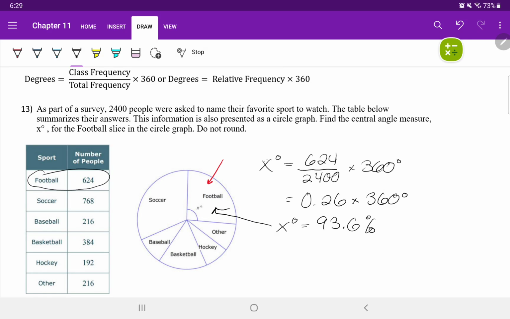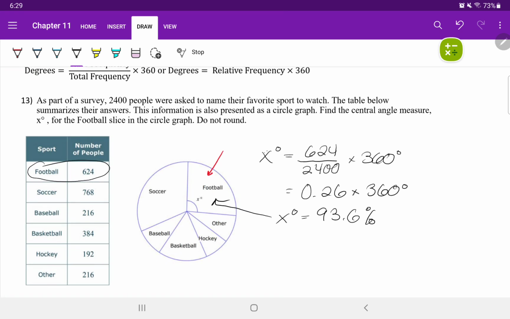And if you notice, we can also find the percentage of that area of the circle. To find the percent, that is going to be the relative frequency times 100. And we already found the relative frequency. The relative frequency is 624 over 2,400, which is 0.26.